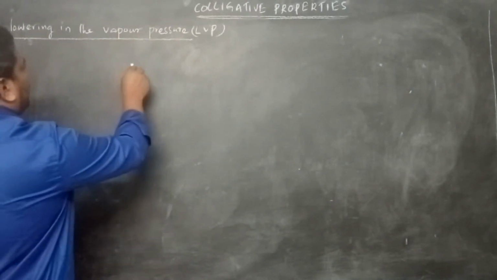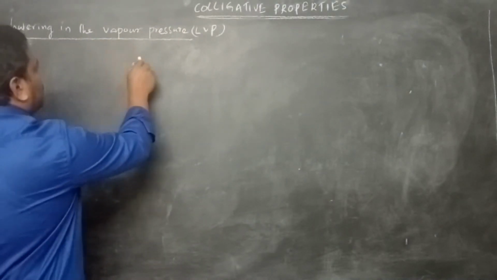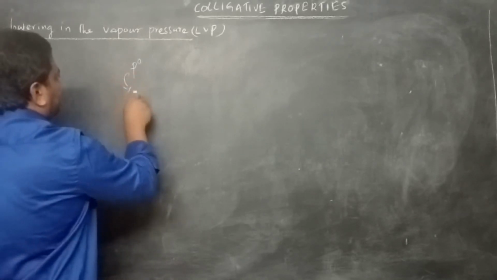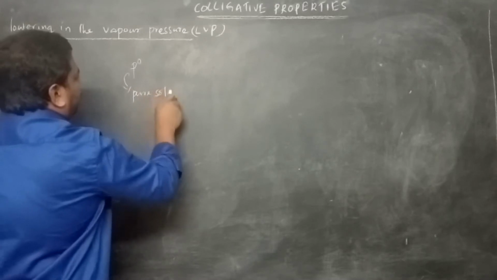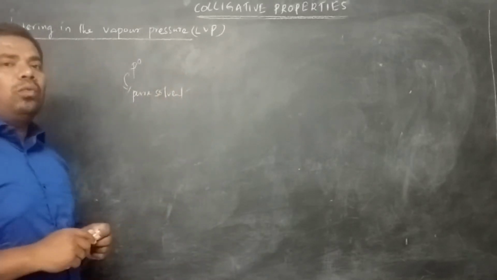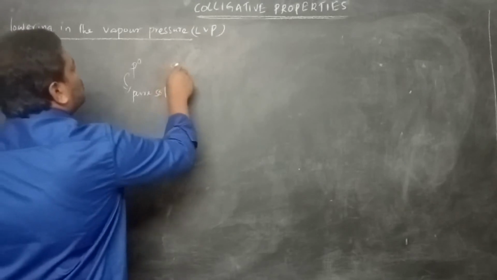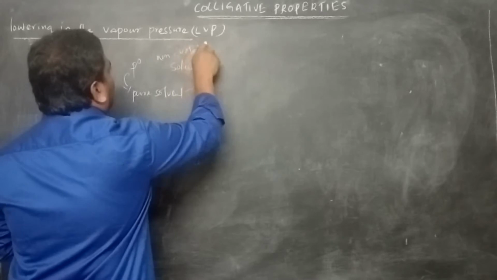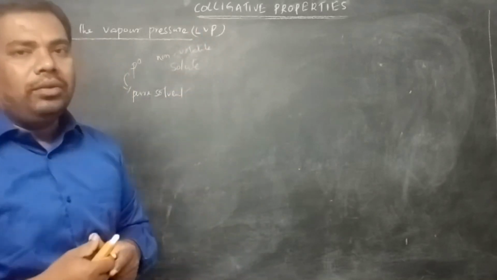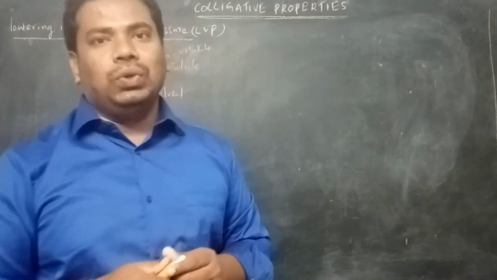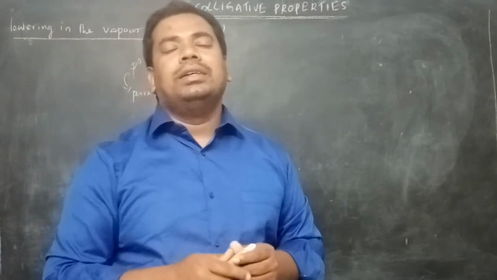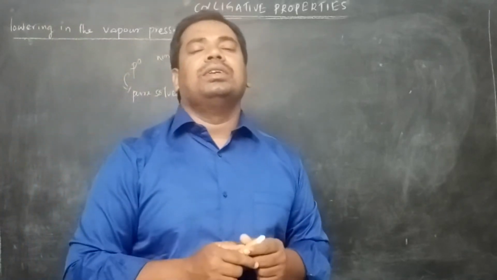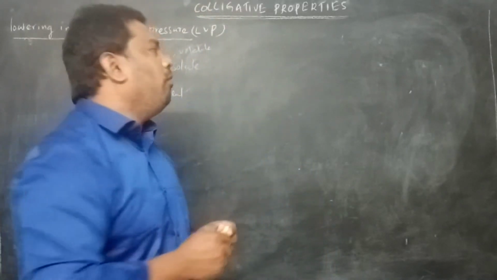Here we take a pure solvent, which we denote as P naught. We are adding a non-volatile solute to the pure solvent, and the vapor pressure of the solution decreases. That is called lowering in vapor pressure.